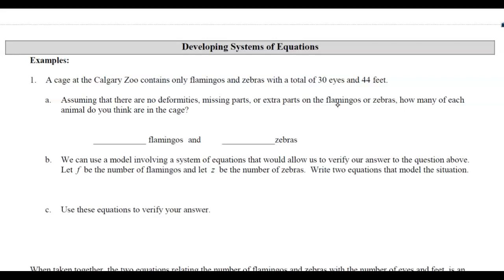Well, for a flamingo, they have 2 eyes, so that'll be 2 times F. And for a zebra, they have 2 eyes, so 2Z. And the total number of eyes is 30.